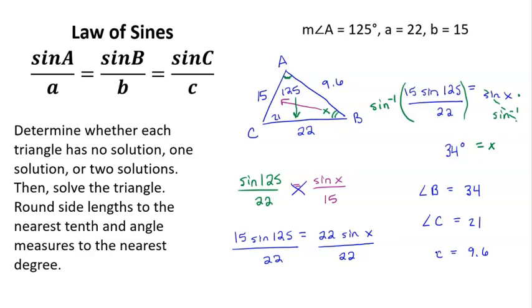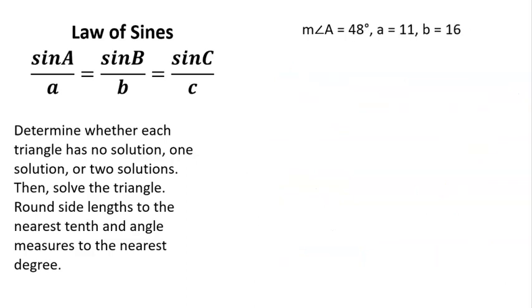All right, so let's go from there. So let's try another one. So with this one, I'm going to draw out my triangle, label it A, B, and C. For angle A, we've got 48 degrees.